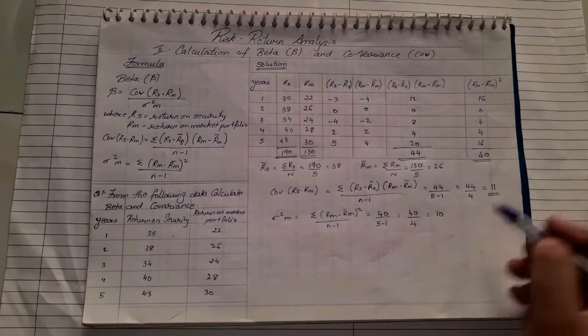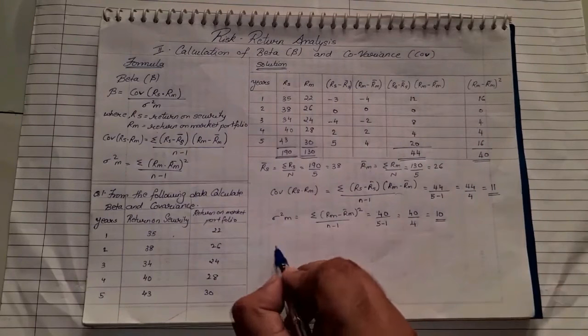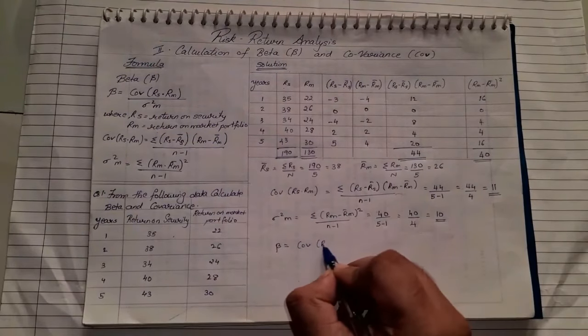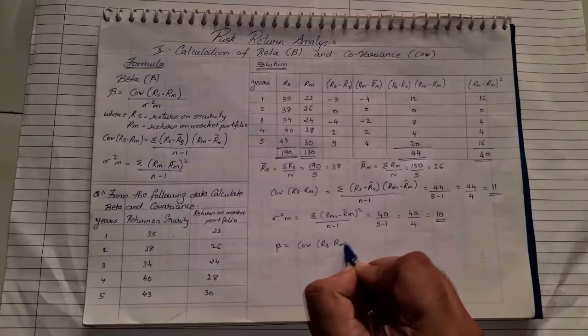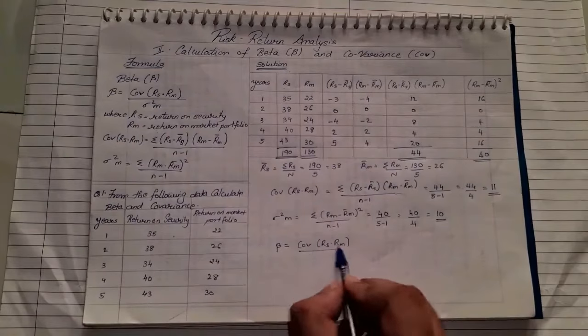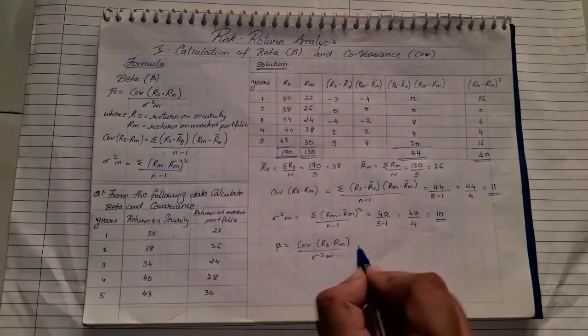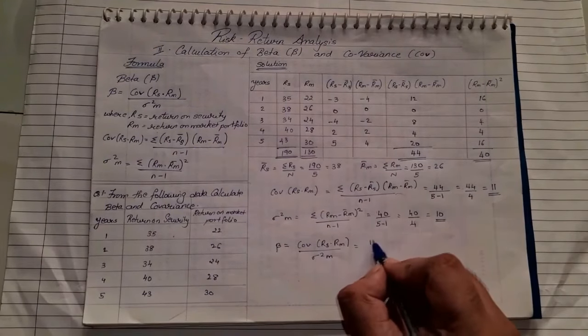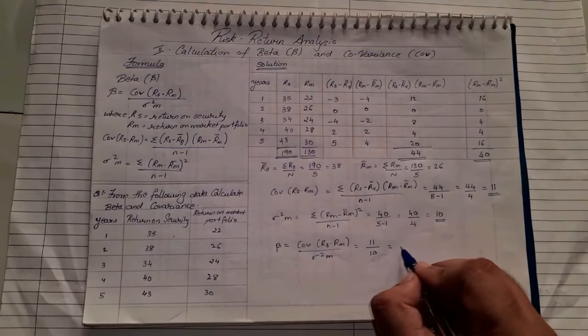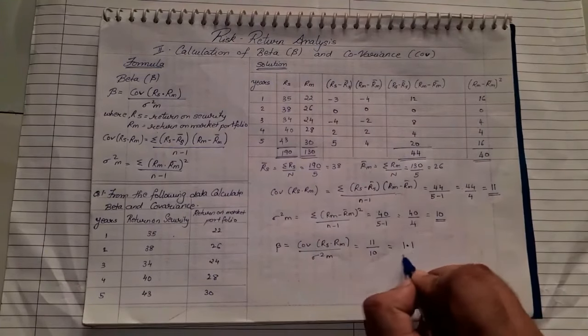Okay, so we got the numerator value, we have got the denominator value. Now we can use the final formula. Beta is equal to the covariance between market and the security upon standard deviation square m. So that is nothing but 11 divided by 10. When you divide it, we get the answer of beta, that is 1.1.